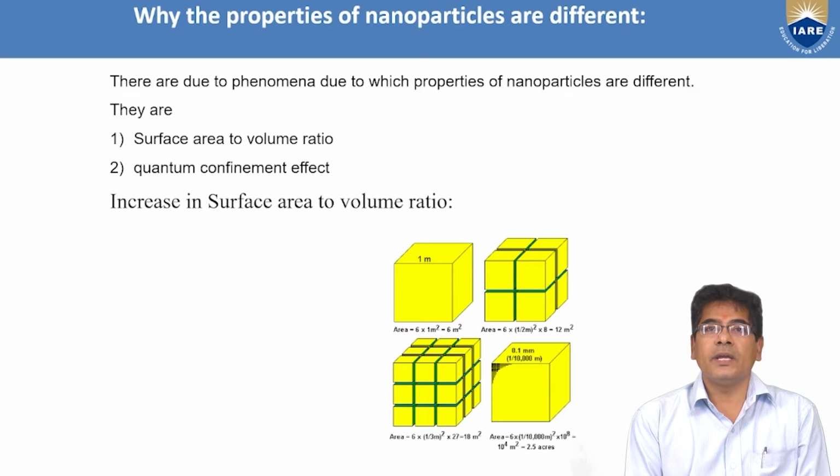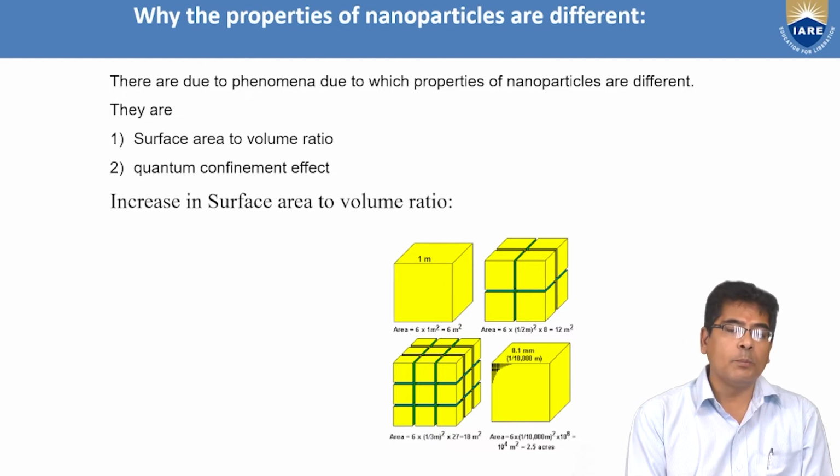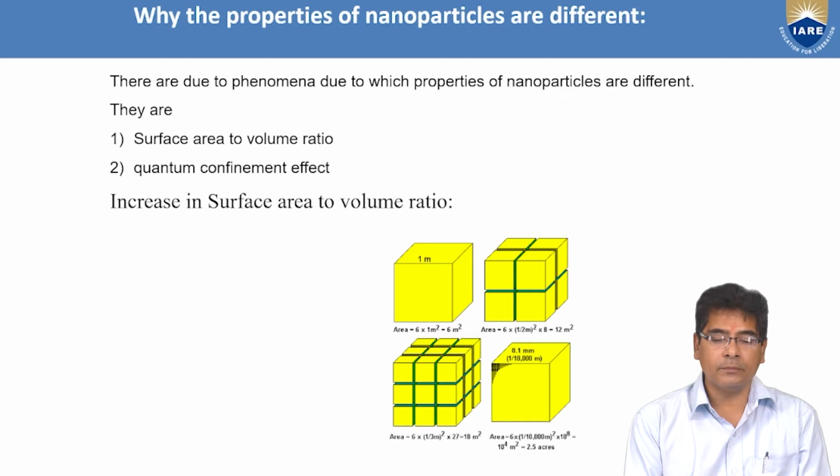If you come to the first one, that is the increase in surface area to volume ratio. Nanomaterials have larger surface area when compared to the same volume or mass of the material produced in larger form.